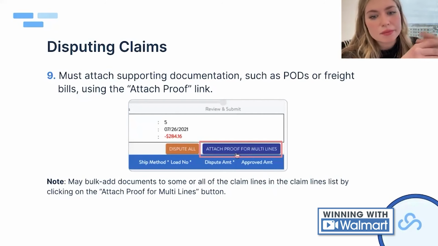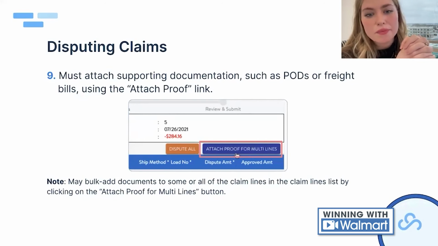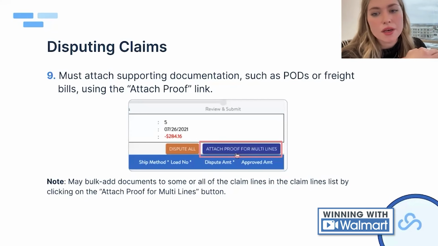One thing that we've seen, and just a side note on here, which I know that we're running out of time, but you can bulk add documents to some of the claim lines lists by clicking an Attach Proof for Multiple Lines button. We've seen with the multiple dispute creation, you can actually not attach proof documentation, which drastically lowers your chance of that being approved.